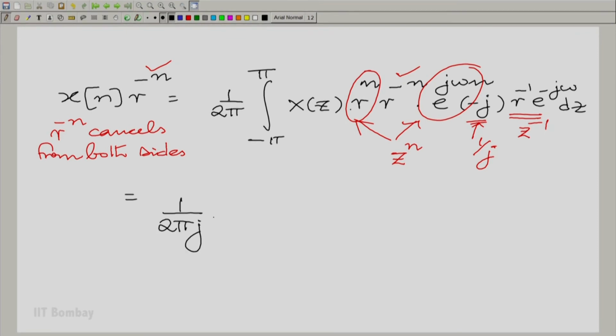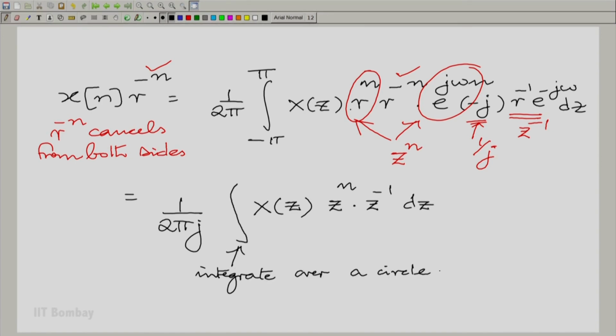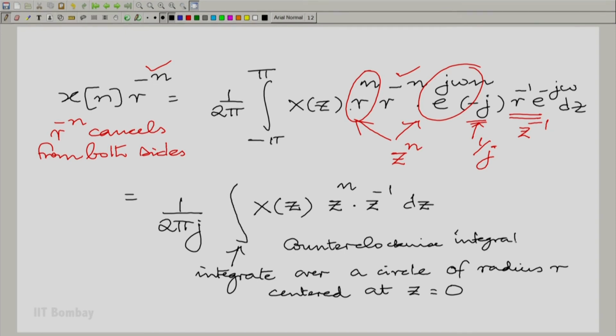Now, when you say omega goes from minus pi to pi, you are talking about integrating X(z) over a circle. You see, you are essentially saying take a circle with radius r centered at the origin, and we are making a counterclockwise integration from minus pi to pi.